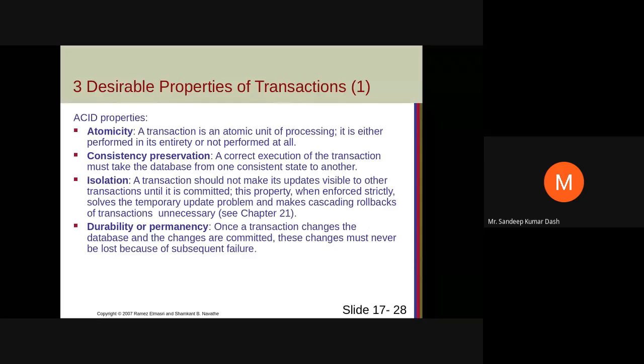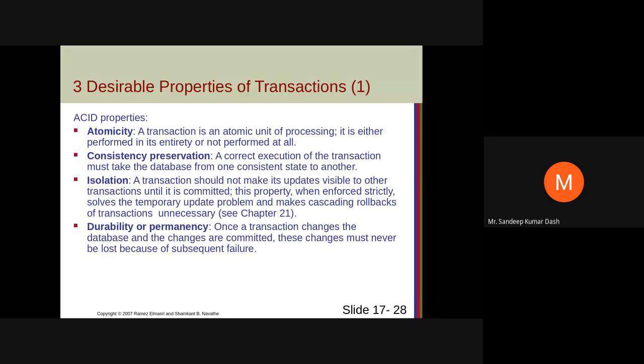So the transaction is of 10 steps. So that is an atomic count. So you have to see that either the transaction is performed in its entirety, that means all the 10 steps are completely performed, then you say that this is a transaction, or not at all. That means not even your name it can store. So that comes as atomicity.